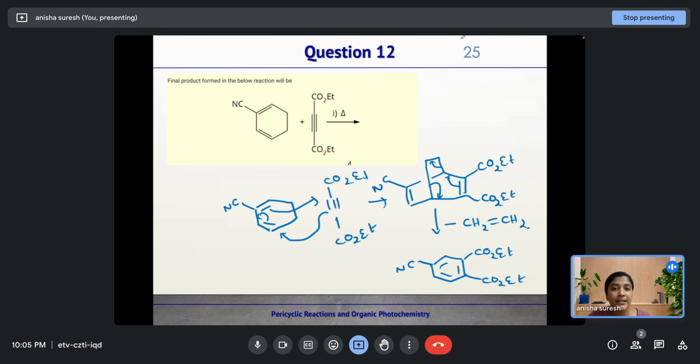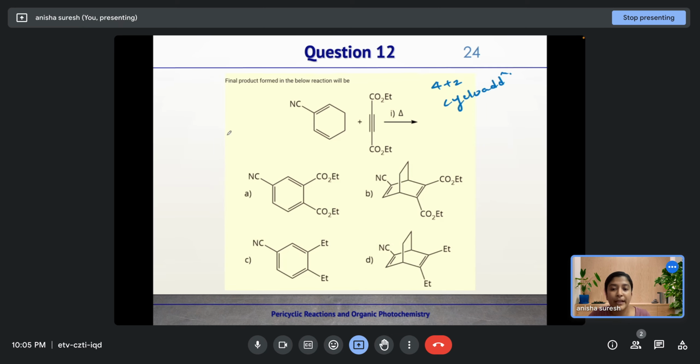So what are the reactions that are taking place here? A 4 plus 2 cycloaddition followed by cheletropic elimination. So the right answer will be option A.